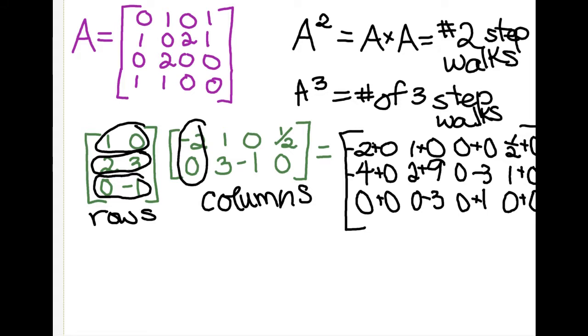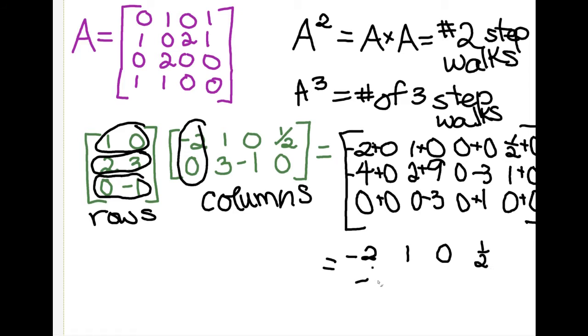We can simplify because we know how to add numbers. So just going to write down my final answer here. Negative 2 plus 0 is negative 2. 1 plus 0 is 1. 0 plus 0 is 0. A half plus 0 is a half.